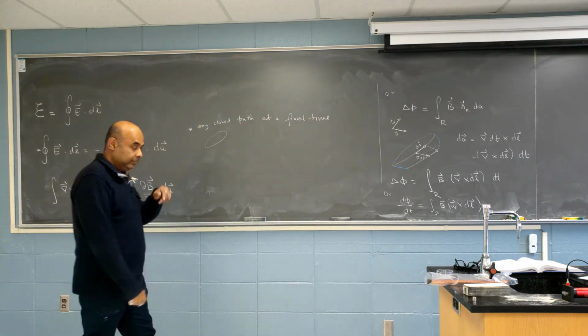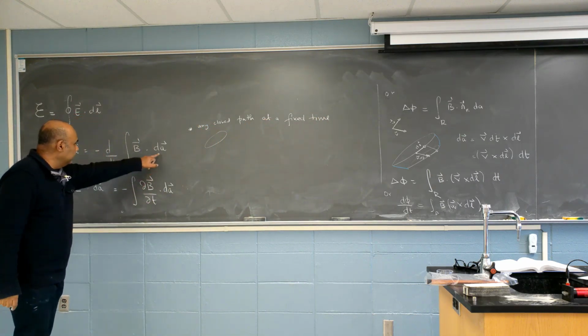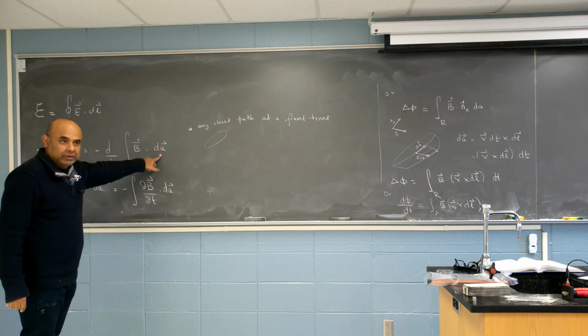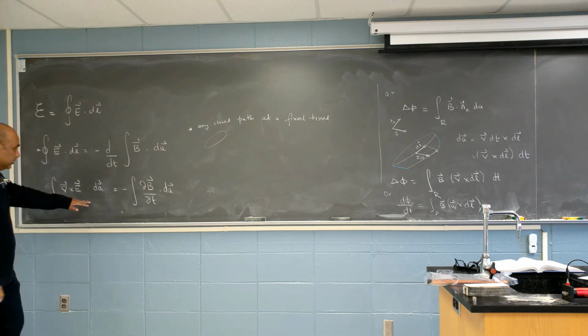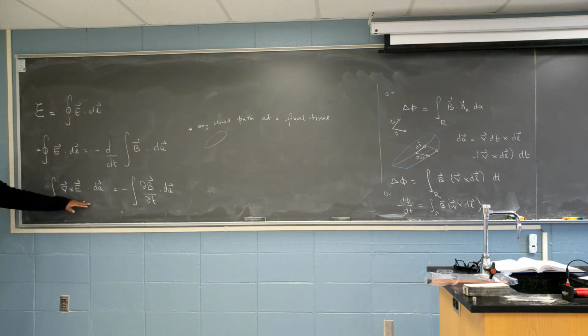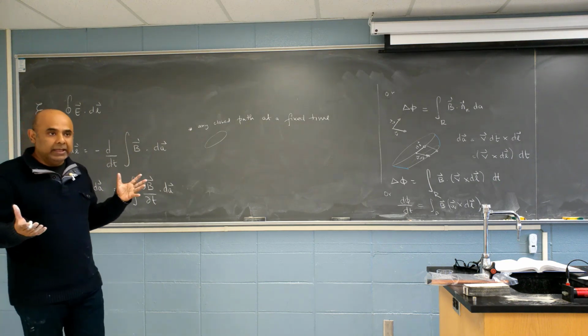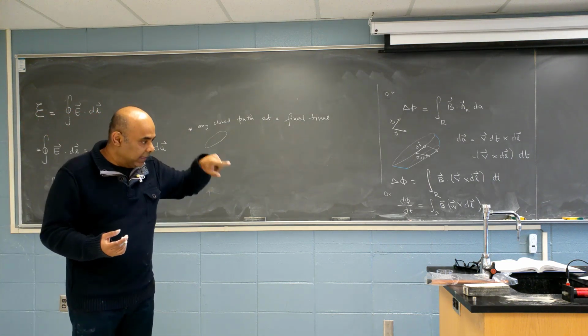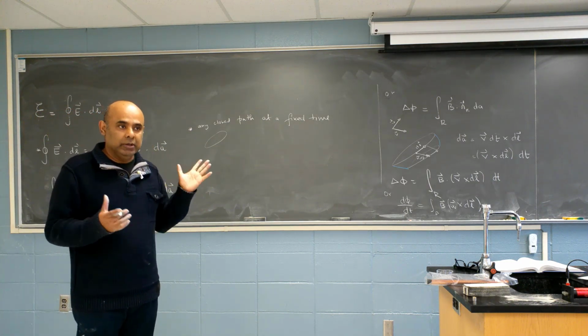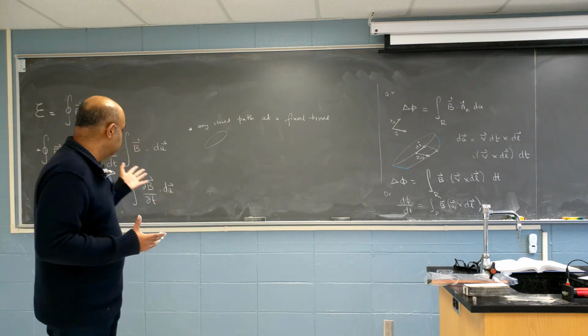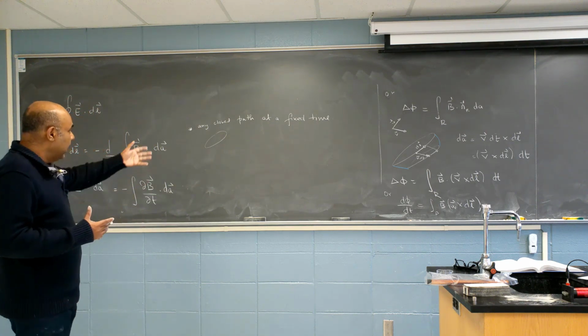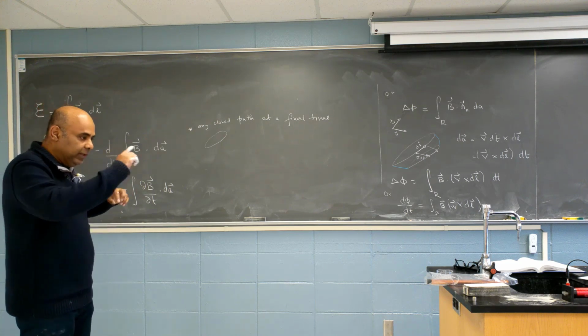That's what I'm doing. So look at that, the dA does not suffer a derivative. This is true. So it's almost like your Gaussian pillbox. You can pick any pillbox you want. You can pick any Amperian loop you want. In a similar way, this is not necessarily an Amperian loop. I'm just going to pick a closed region in space.